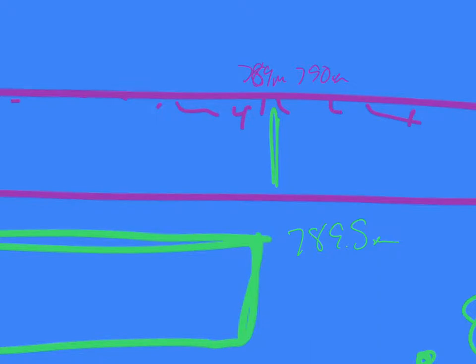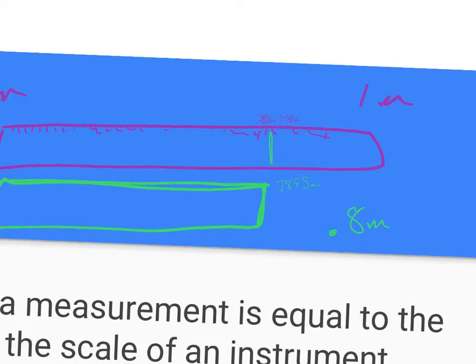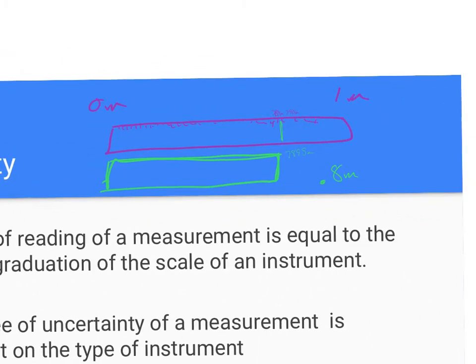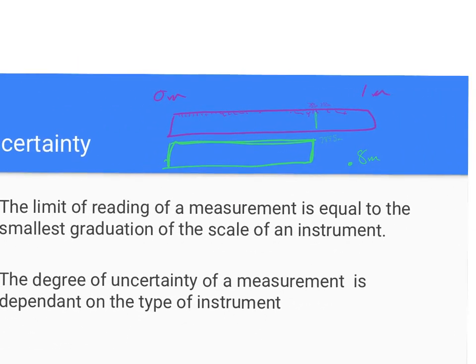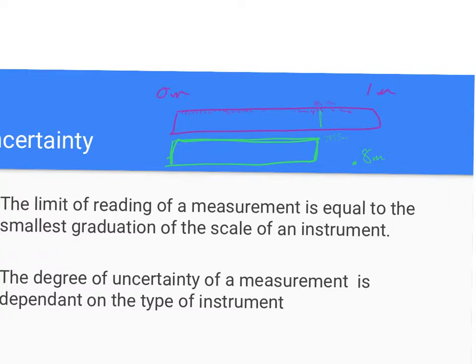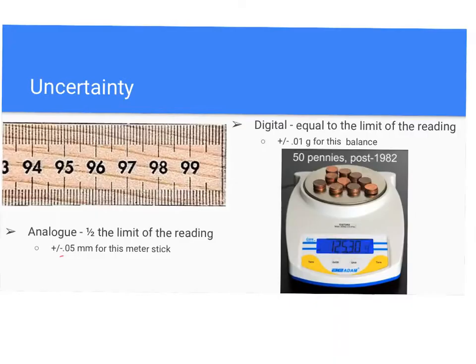But that all depends on the device that we're using and what the detail is of that device. What is the ability of that device to measure with greater and greater levels of precision. Now, ultimately, we see that as more decimal places, and the greater the decimal place, the greater the level of precision and potential accuracy that we could have with the measurement.